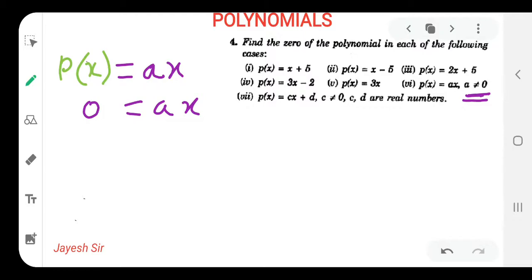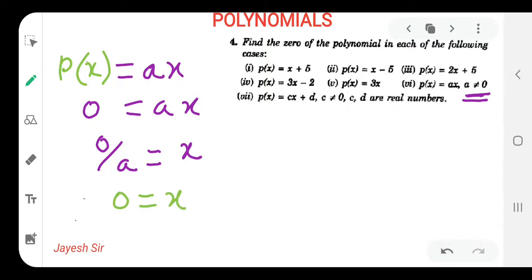Here we are finding the value of x, not the value of a, so we don't have to panic after reading that. So 0 is the value of x.